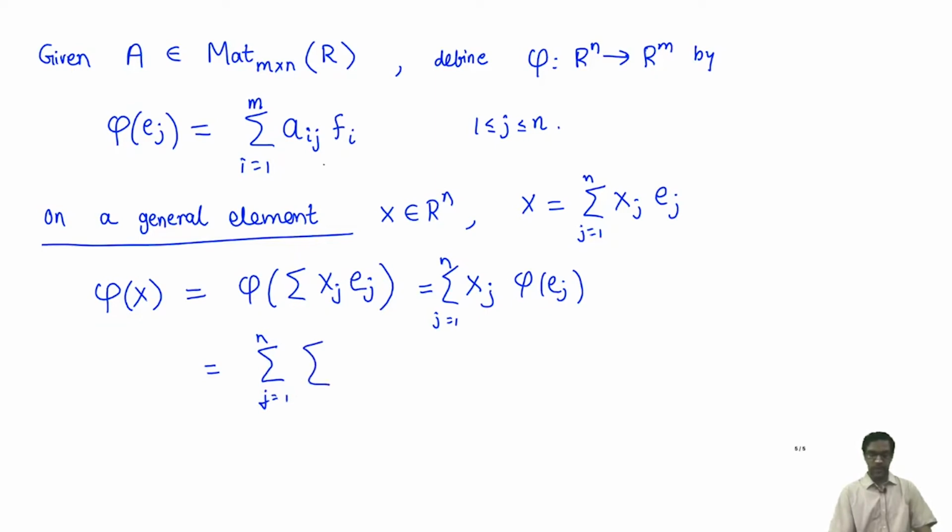So phi of e_j, I am just going to use this equation on top, which says this is the summation i goes from 1 to m of x_j times A_ij times f_i.